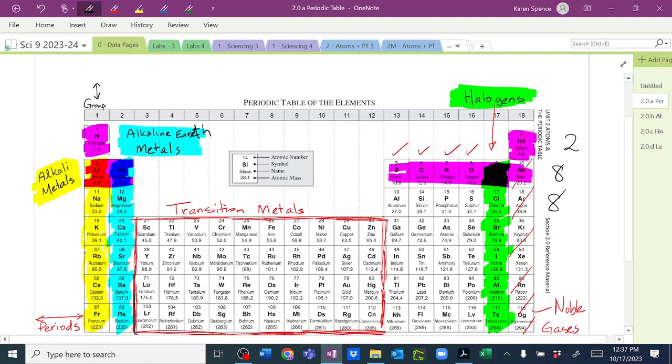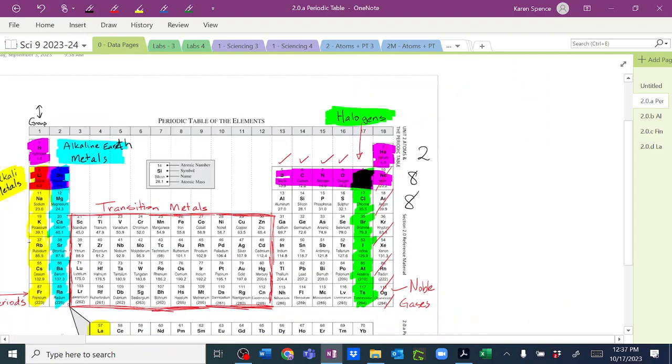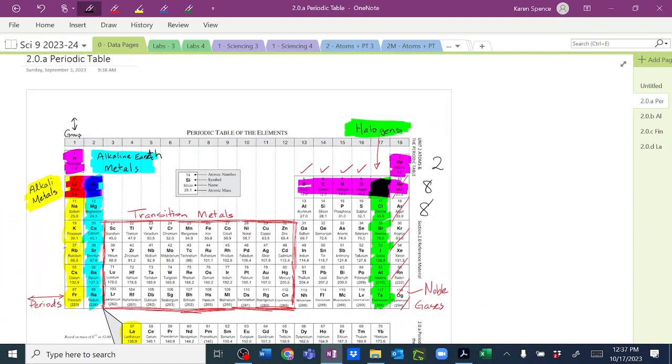And what we're doing when we've got the Bohr models is with hydrogen and helium, we go from hydrogen, which has 1 electron, to helium, which has 2 electrons, and then it's full, and we're finished row number 1. And then we start on row number 2, we start on shell number 2, and we start filling up shell number 2.